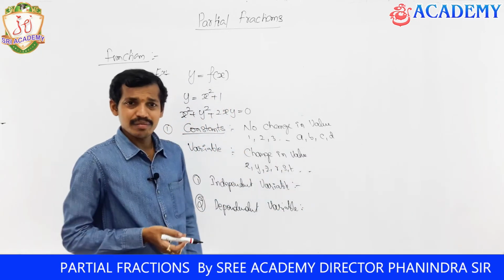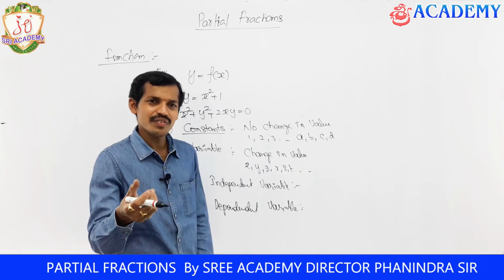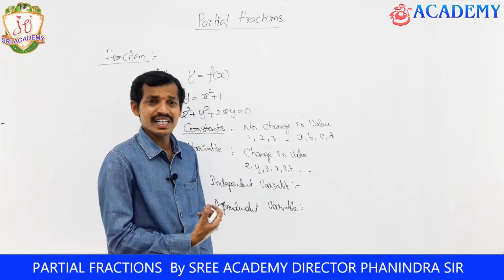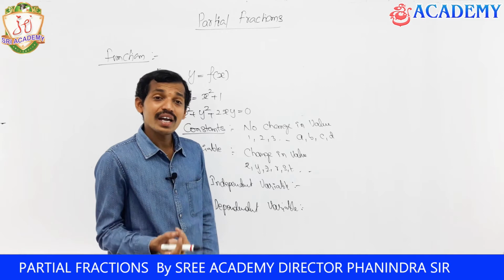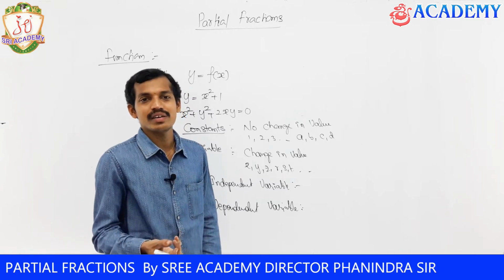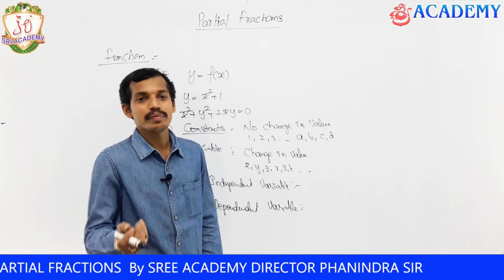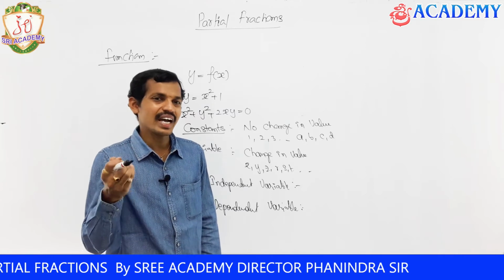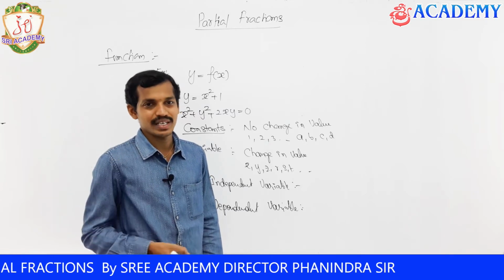Independent variable is nothing but we can give our own values to the independent variable. Dependent variable is nothing but the variable which depends upon the independent variable. In every function, we can identify independent and dependent variables.